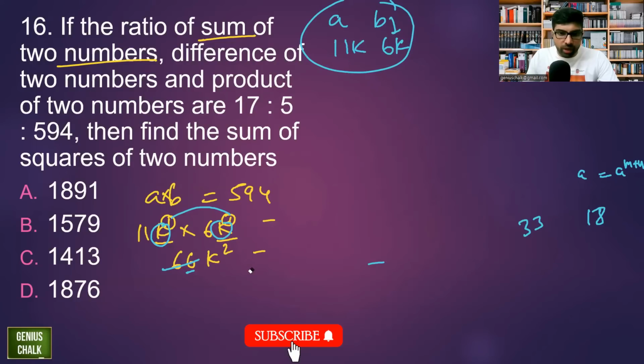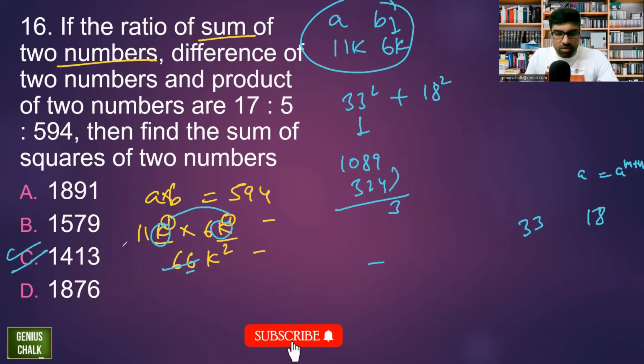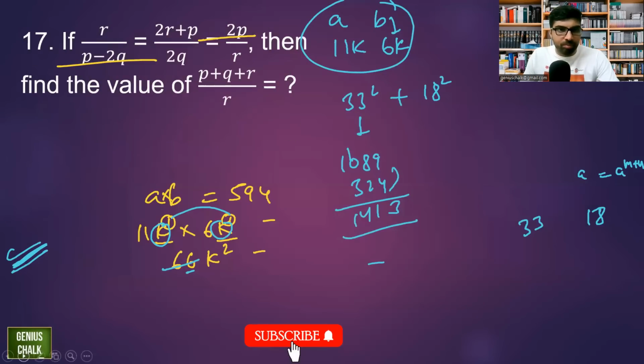So 33 square and 18 square. 33 square is 1089 and 18 square is 324. The sum's last digits are 9 plus 4, 13. Only one option has last digits 13. This must be my answer. So option C has to be my answer.